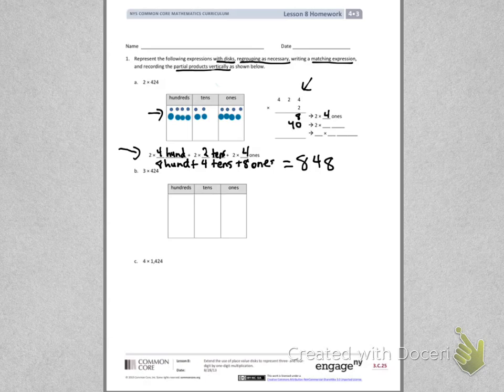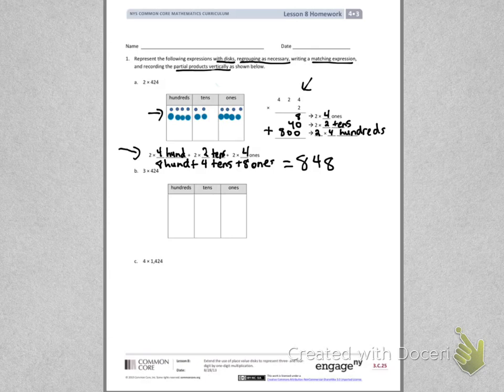So that's 2 times 2 tens. And the next thing we have is 2 times 400. That is 800. So that becomes 2 times 4 hundreds. The partial product looks just like the expression we wrote already.